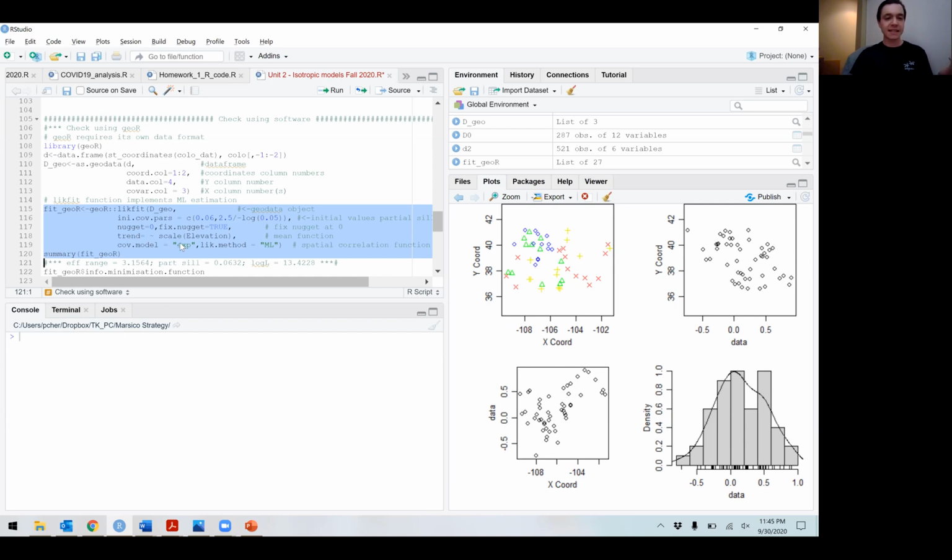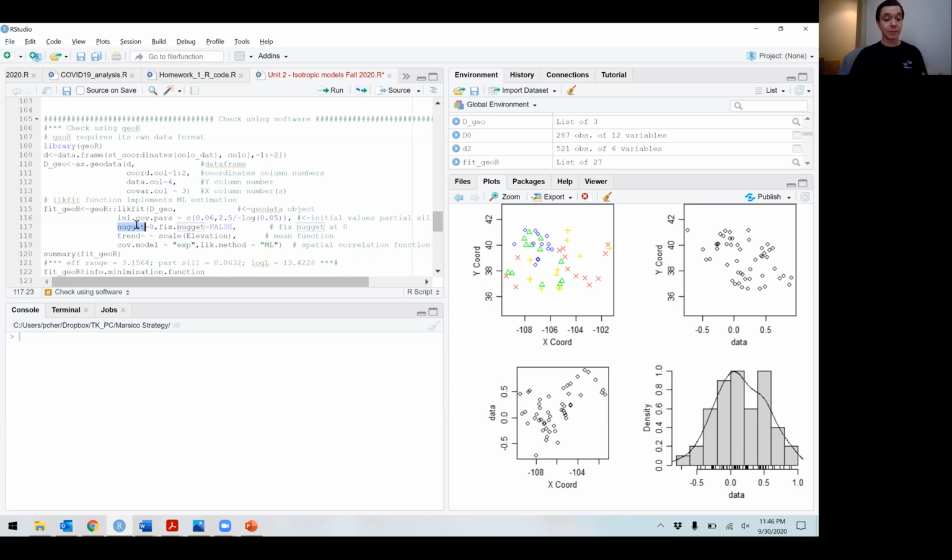So what if I decided that I was in fact not going to fix my nugget, I was going to estimate my nugget? And that should be the default, by the way. Almost all data has a nugget effect. We saw it with the London asthma. We've seen a nugget effect with a lot of our examples. You cannot assume beforehand that your data does not have a nugget effect.